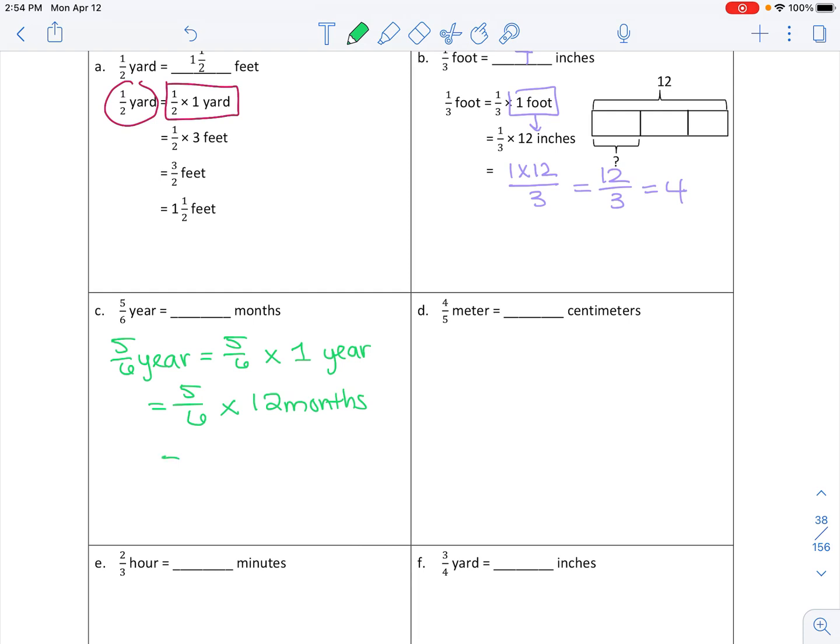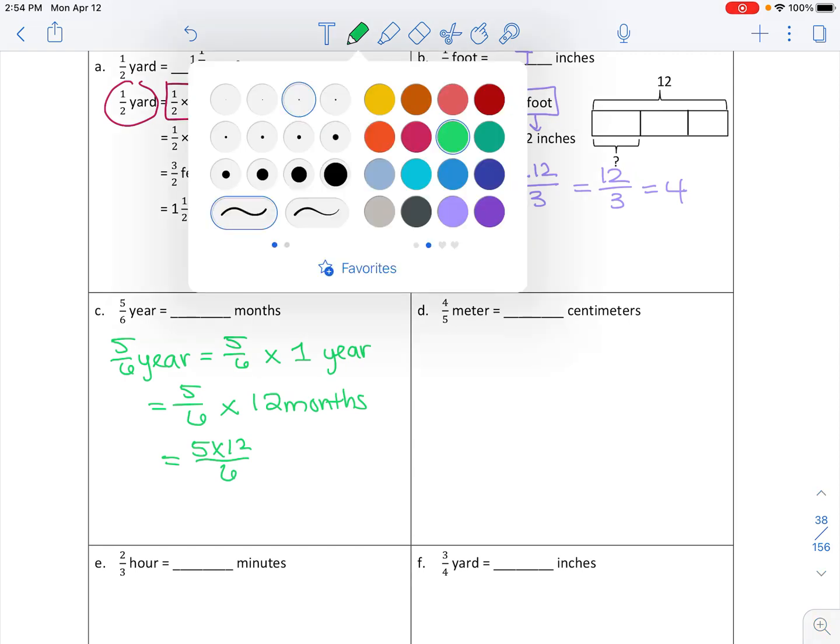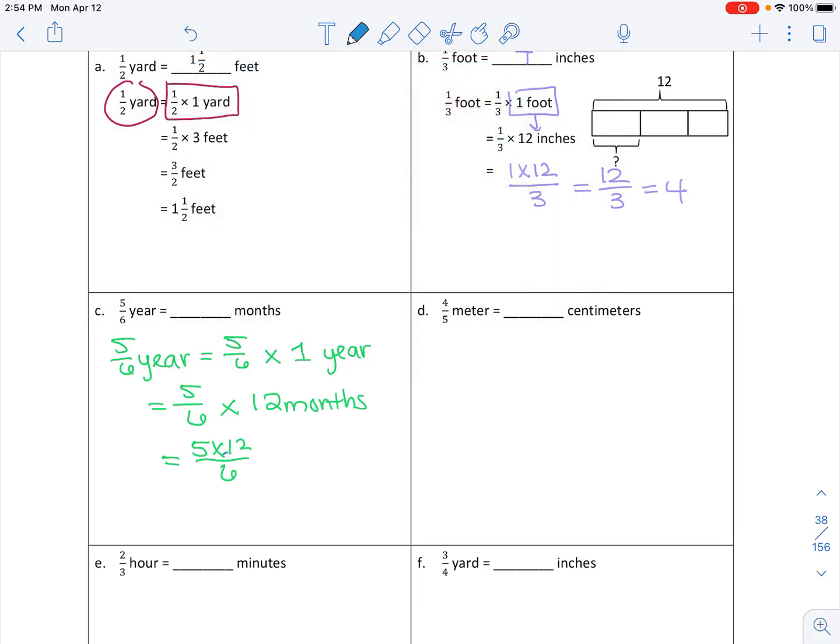Now we do our multiplication. So we have 5 times 12 over 6. I'm going to use what we learned last lesson, and I'm going to cancel. I know I can divide 12 and 6 by 6. And now 5 times 2 is 10. So I get 10 months are 5/6 of a year.